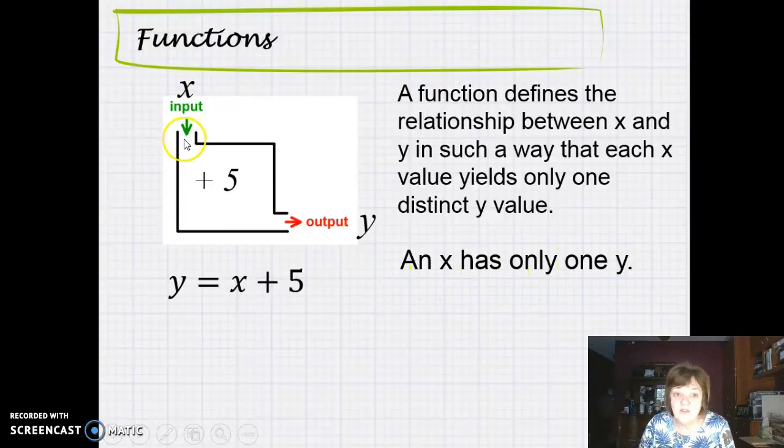So you put in an x value, some value for x, you do something to it, and here's an example of a simple equation. All right, this is what we're going to do to our x, and out comes the y. So if I put in a 1 and I add the 5 to it, I get a 6. It's that simple. It's really not any more complicated than that.